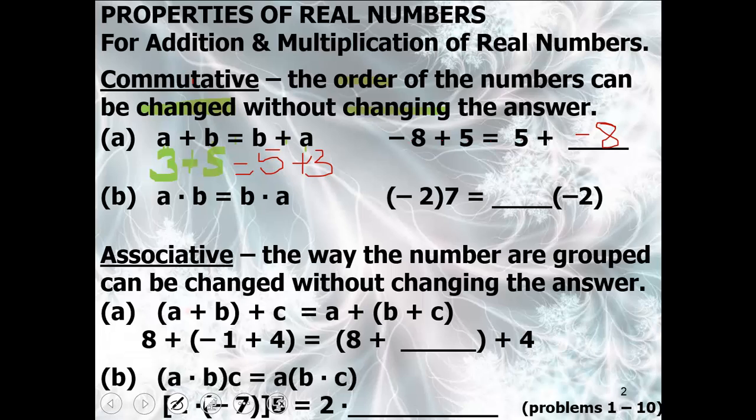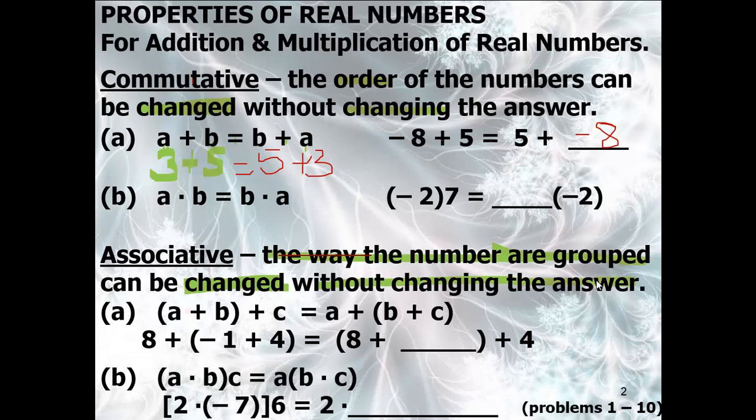The associative property says that the numbers themselves haven't changed the order, but the way they're grouped, where the parentheses are located, has changed. Even though it's been changed, it doesn't change the answer.